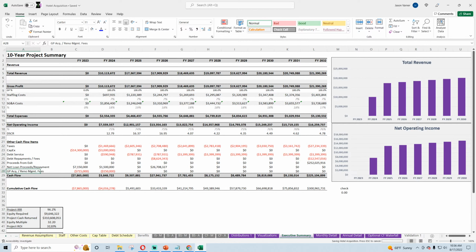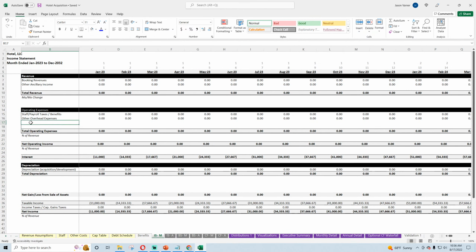So these fees, now the second type of fee is an ongoing management fee, which, well, before we get into that, we need to add this. So that'll be into OpEx, but this one, I'm trying to think. I guess it won't matter because you're not going to be selling in the first year or two when these fees happen.